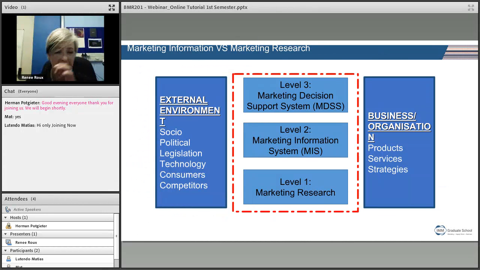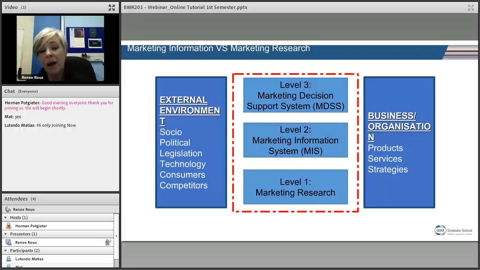Okay. So let's look again at marketing information versus marketing research. On the one side, we have the external environment. As I mentioned, you get social changes, political impact, legislation has a huge impact on business and consumer behavior, the impact of technology, consumers themselves, and competitors.